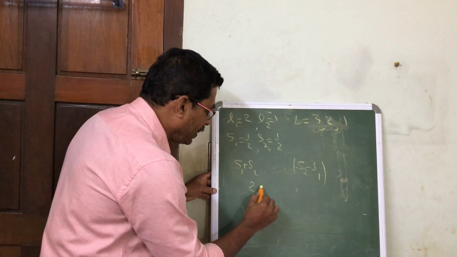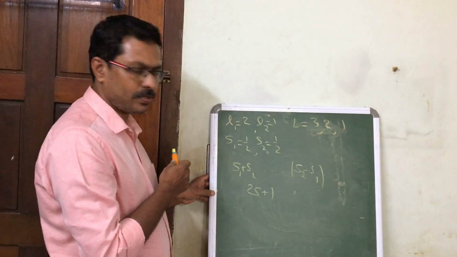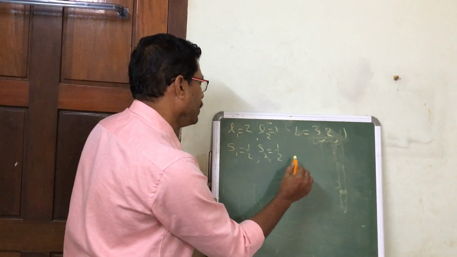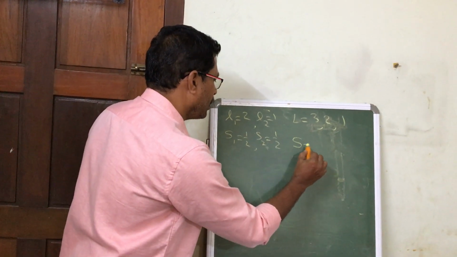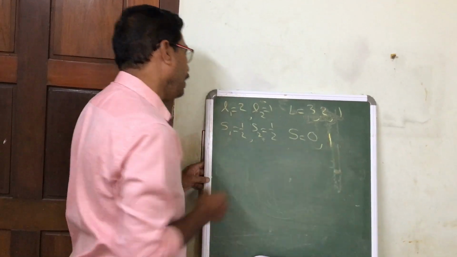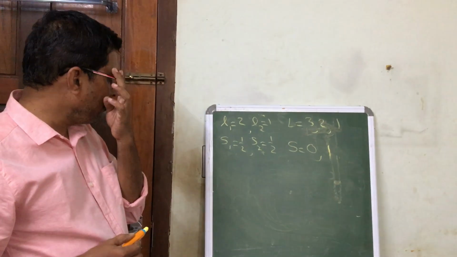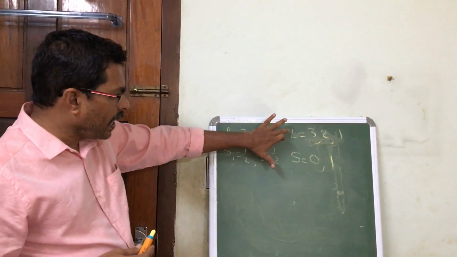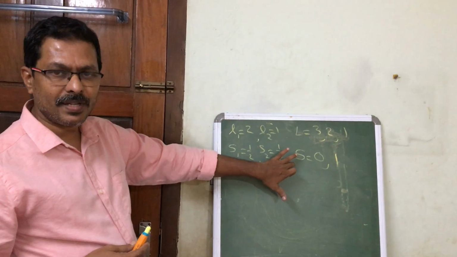So here also you will be getting 2S plus 1 values. So here you can see that the possible values of S are either 0 or 1. That means half plus half as well as half minus half.